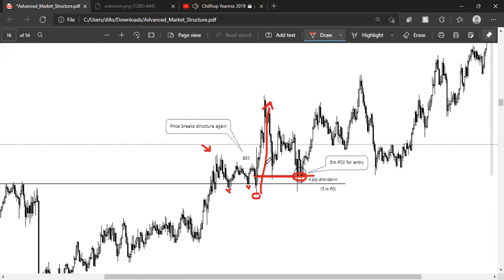Well, 5-minute break of structure too. You can clearly see it right here, but the 15-minute point of interest, 5-minute break of structure, boom, 4-pip drawdown, and then maybe you have TP up here or something higher.